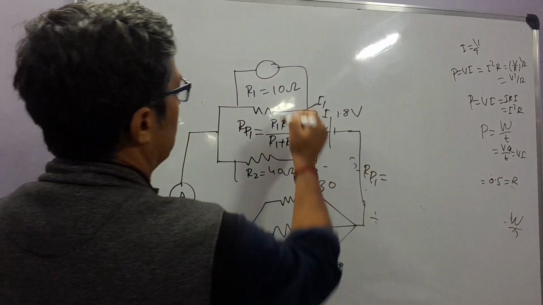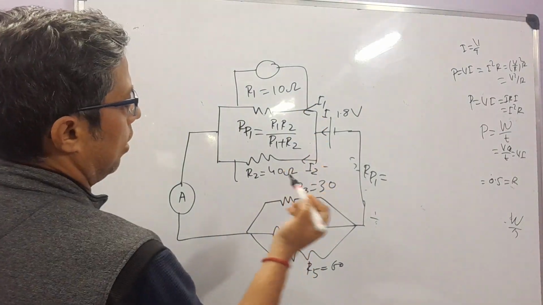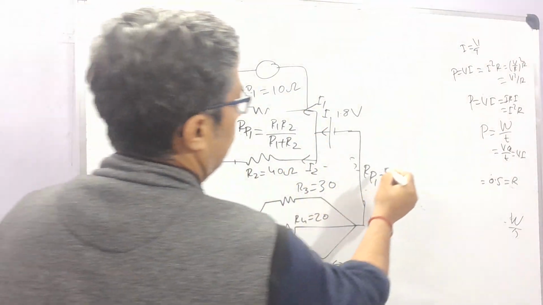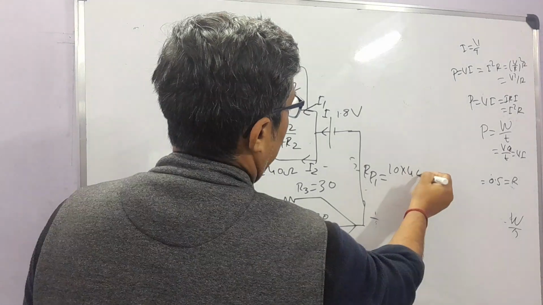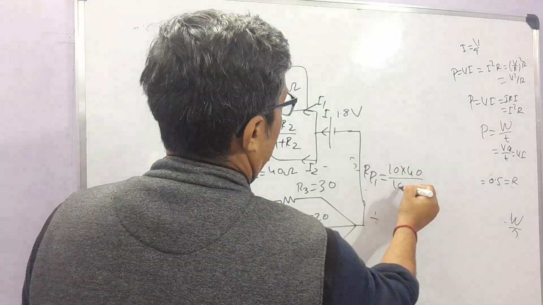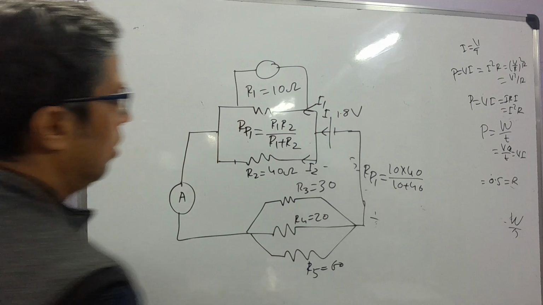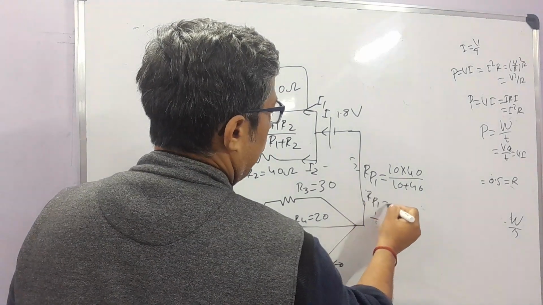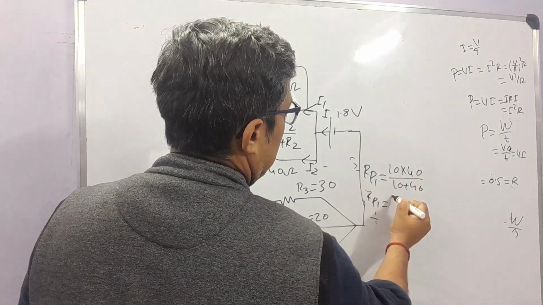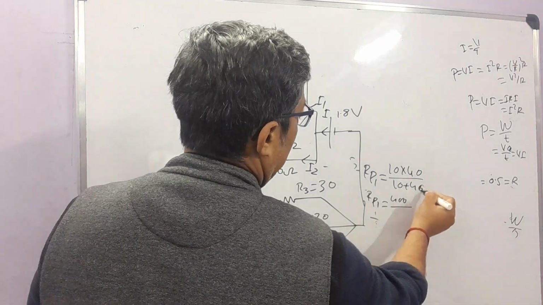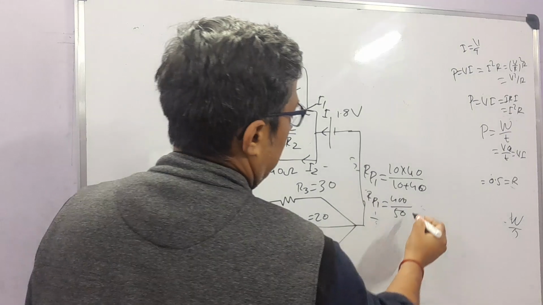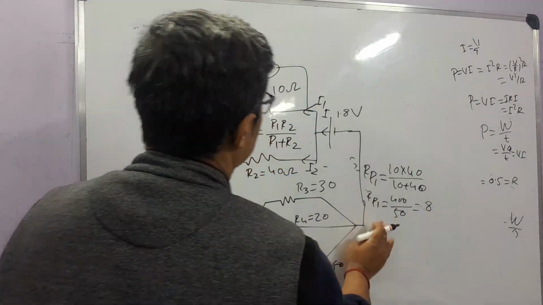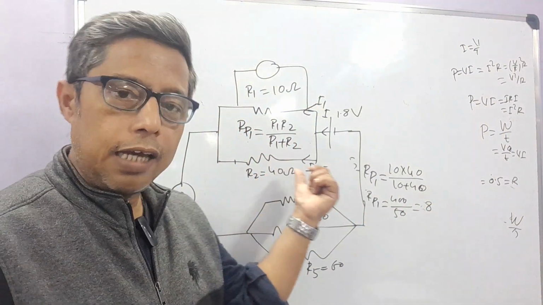RP1 is equal to R1 is 10, R2 is 40, so it will be 10 into 40 by 10 plus 40, which is 400 by 50. It's coming 8. So the resultant resistance is 8 here.